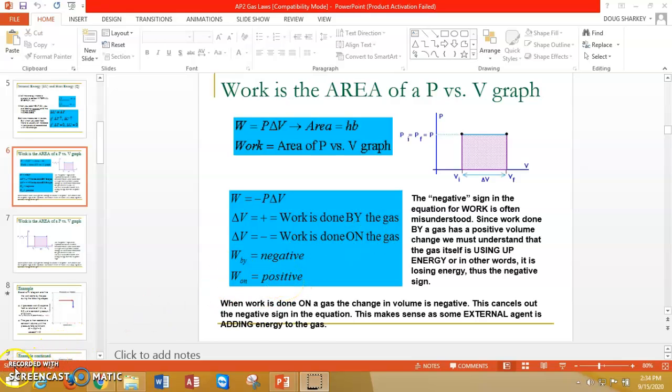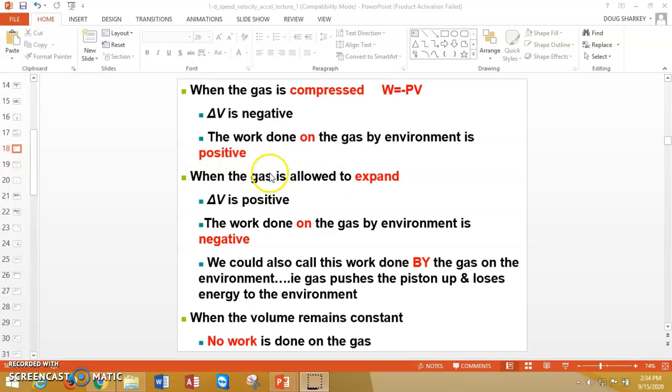So there you go. If the gas is allowed to expand, delta V is positive. What does that mean? That means the gas has expanded. It's pushed the piston up. The final volume is larger than the initial volume, so our change in volume is positive. We could say the work done on the gas is negative. We could also call this work done by the gas.